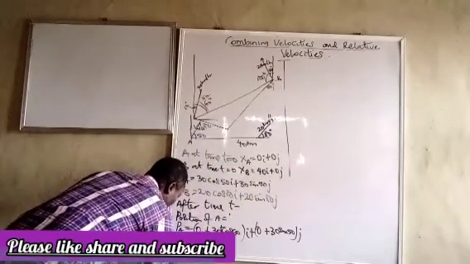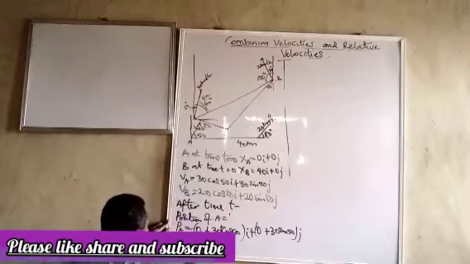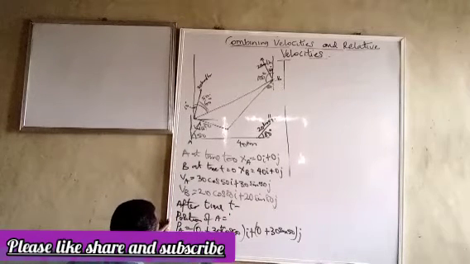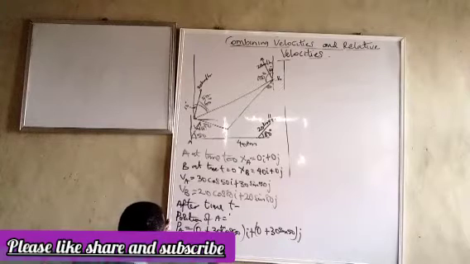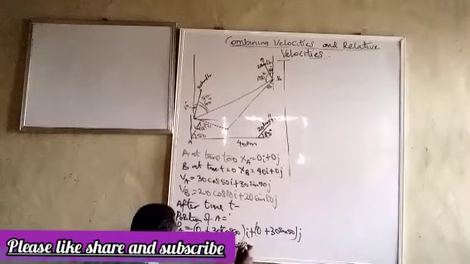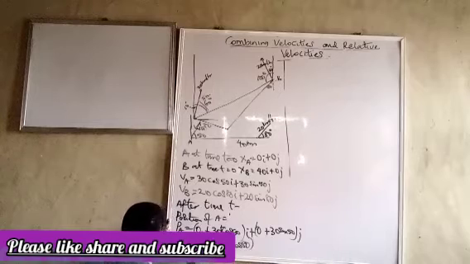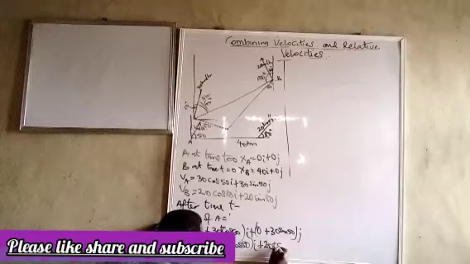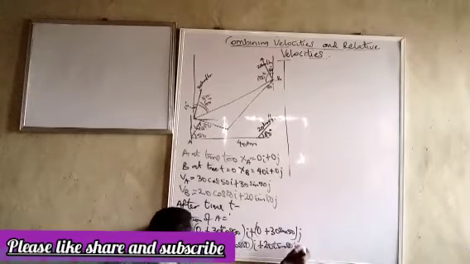Position of B will be 40i plus 20t cos 80, let's put down a bracket, please, plus 20t sine 80.